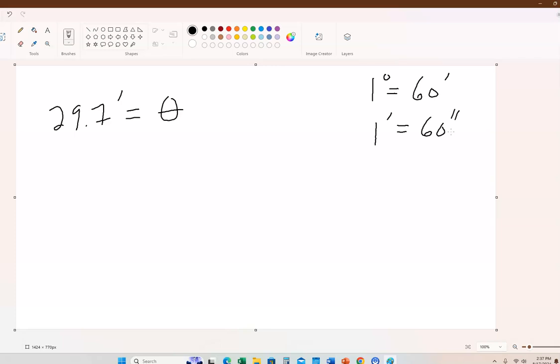If theta was 29.7 arc minutes, what is theta in degrees? How many degrees is it? And then, since we know what it is in arc minutes, how many arc seconds is that?